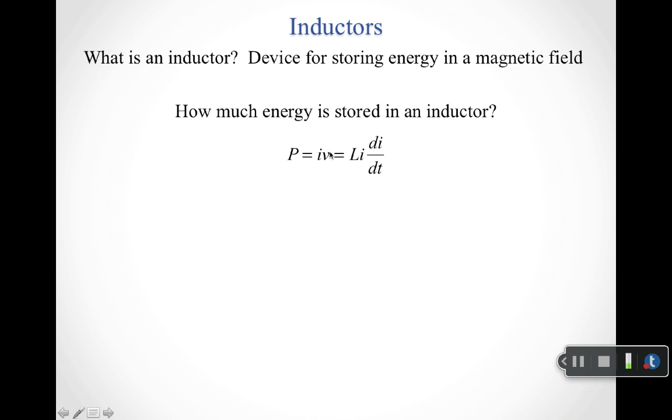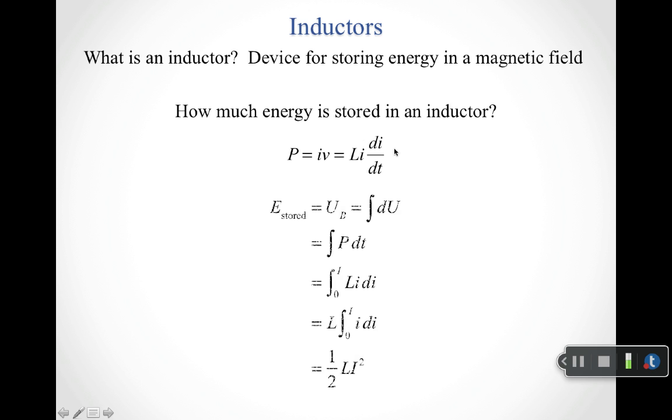We're using lowercase letters here because these values will change as the current changes within your inductor. We said the EMF induced across the inductor is going to be L times di/dt. So I can write the power, the rate at which energy is stored in my inductor, with this expression.